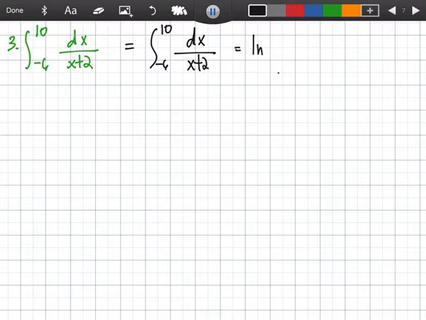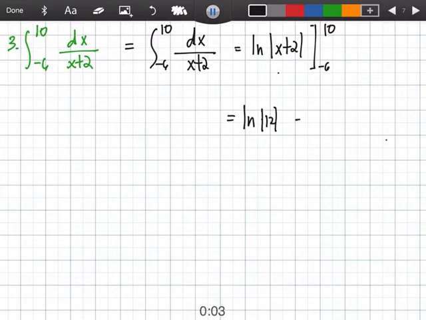So, this is what? So, para siyang du over u, that is ln of u. So, the answer is ln of x plus 2 from negative 6 to 10. So, ang answer natin is ln of 10 plus 2, 12, minus ln of negative 6 plus 2, negative 4. So, ano yung magiging answer?